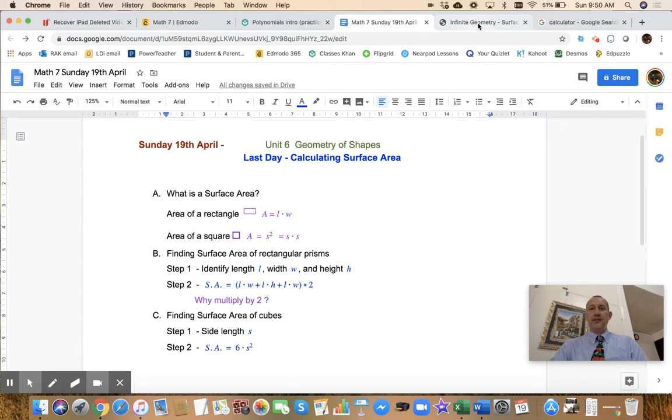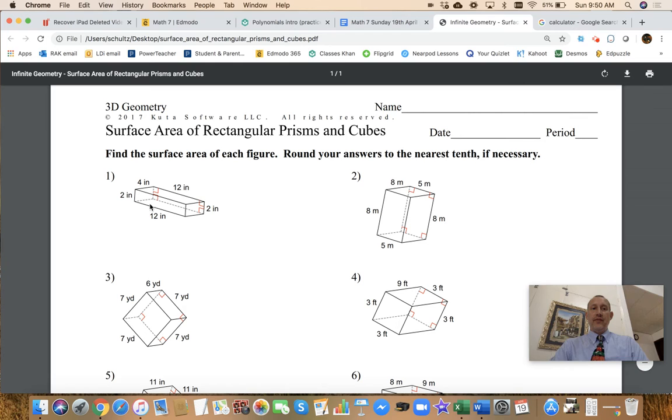So let's actually practice this. Okay, so if you look at your worksheet, see this first one? A big key to this is identifying what are the length, the width, and the height. So here we can see that we have 2 inches, that's the height, 4 inches, that's the width, and 12 inches is the length.